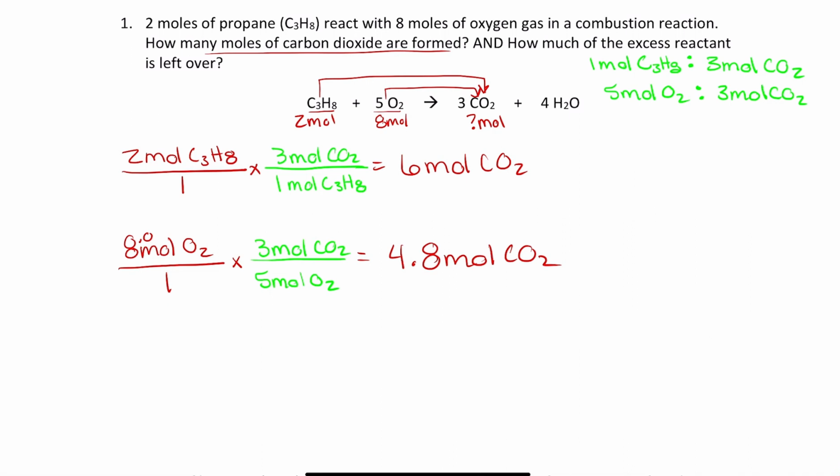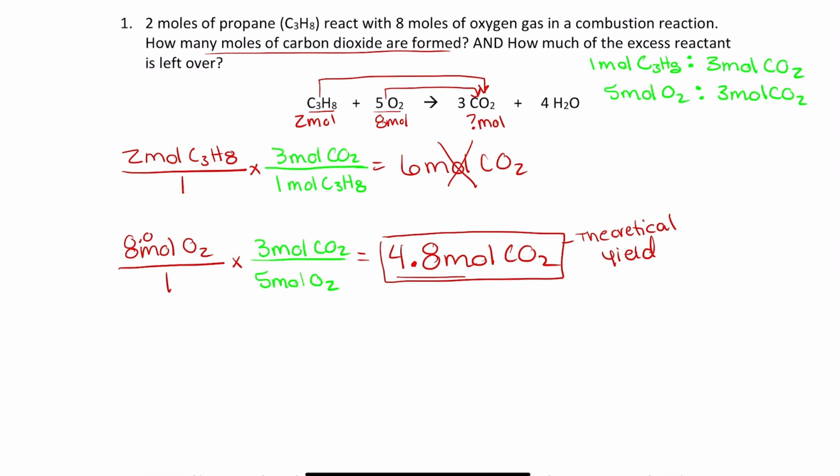What this tells me is that my smallest theoretical yield right here is going to be my true theoretical yield. I am not going to be able to produce the 6 moles of carbon dioxide, because after I produce this 4.8 moles of carbon dioxide, I will run out of oxygen.